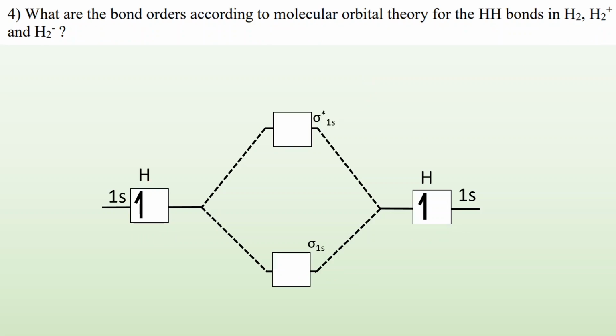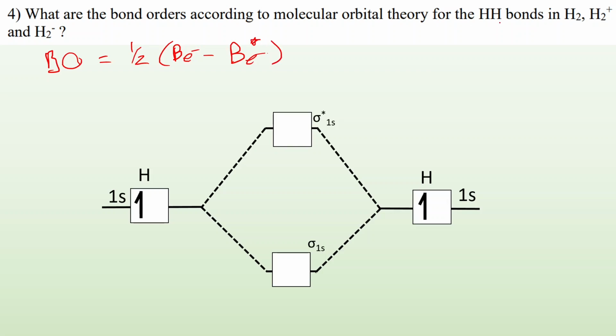All right. 4. What are the bond orders according to molecular orbital theory for the hydrogen-hydrogen bonds in H2, H2 plus, and H2 minus? So remember, the bond order is going to be equal to 1/2 the bonding electrons minus the anti-bonding electrons.